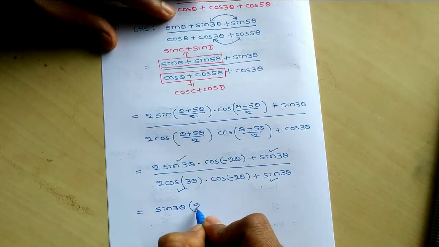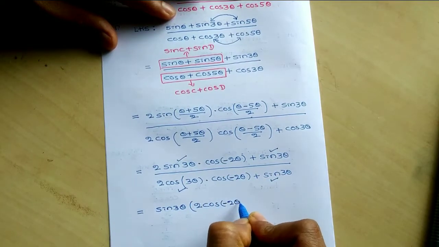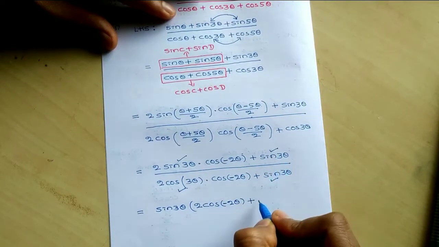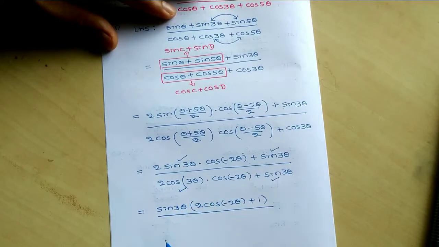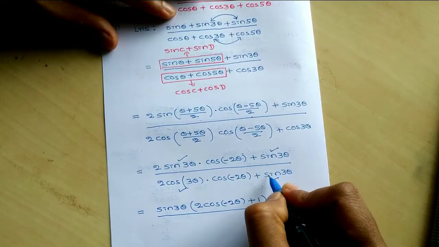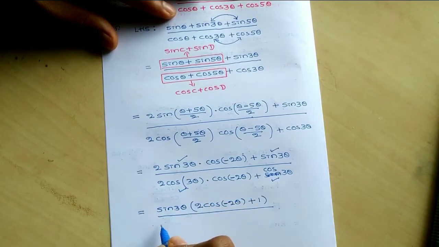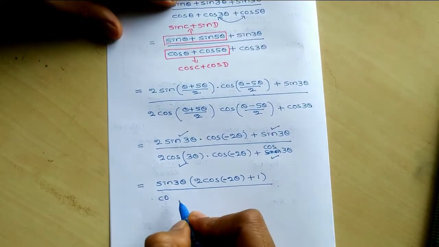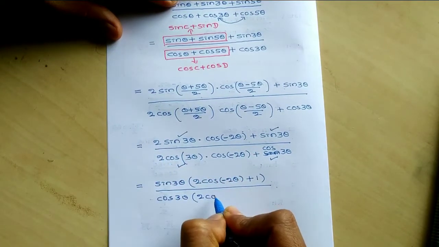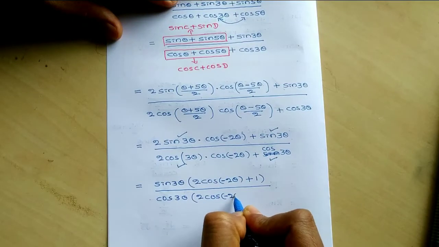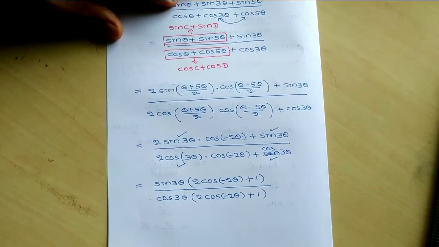What is the remaining value? 2 into cos of minus 2 theta plus 1, divided by, if I take cos 3 theta outside, what is the remaining value? 2 into cos of minus 2 theta plus 1.